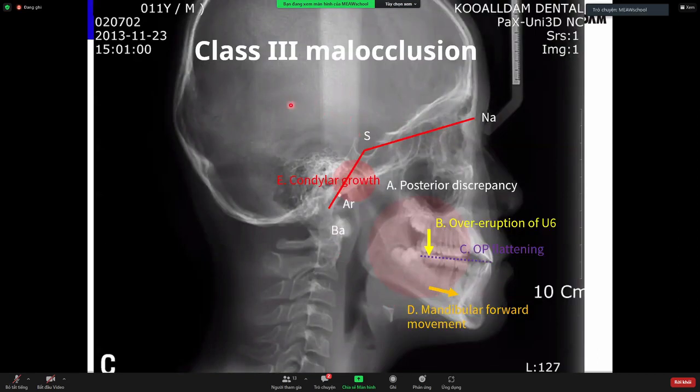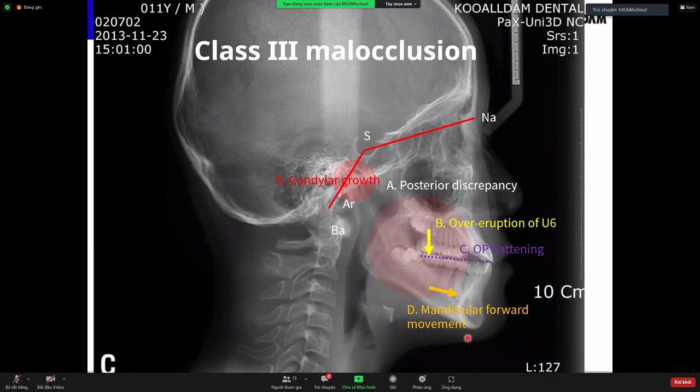So what causes class 3 malocclusion? A, this is a posterior discrepancy. B, as a result, we can see over-eruption of the upper first molar. This means occlusal plane flattening.